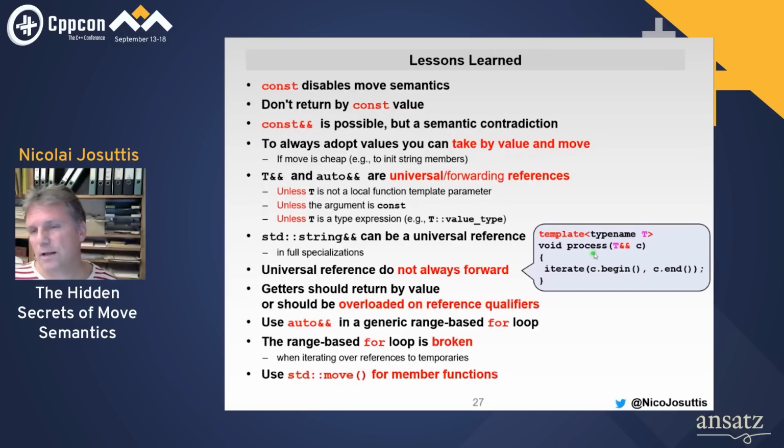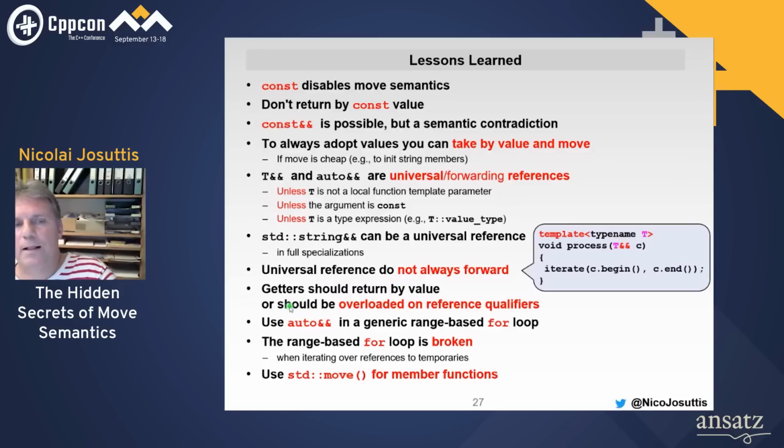You are not really forwarding, we are calling cbegin and cend. And depending on the container here, if it's const, we get a const iterator. If it's not const, we get an iterator. That might be important because you have overloaded iterate for taking const iterators and non-const iterators. So that's another example for a universal reference that does not always forward.